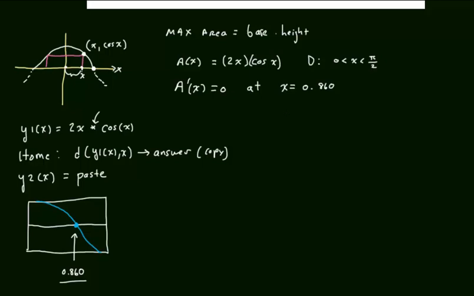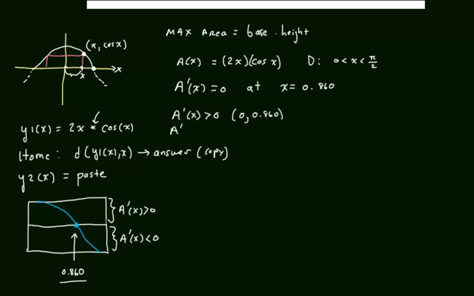And now the function A is not only a local maximum at x equals 0.860, it is also the absolute max. So I want to discuss that here for a second. Here, A prime of x is greater than 0, and below we see that A prime is less than 0. What we'll say now is that A prime of x is greater than 0 on the open interval 0 to 0.860.